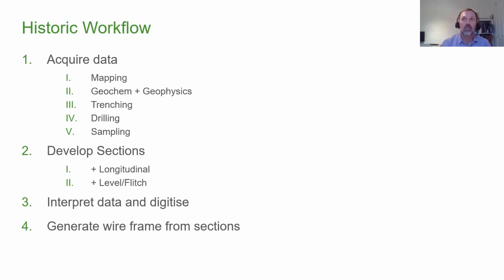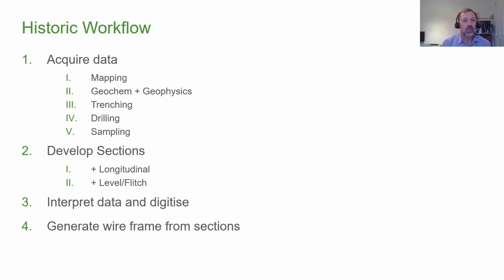Traditionally, it's horizontal sections. But in the case of steep dipping narrow vein deposits, longitudinal sections and level planes or flitch planes. I come from South Africa, as you can hear, so the terminology might not be exactly the same. And those are then used to generate a solid, which we can then use for determining volumes, etc.